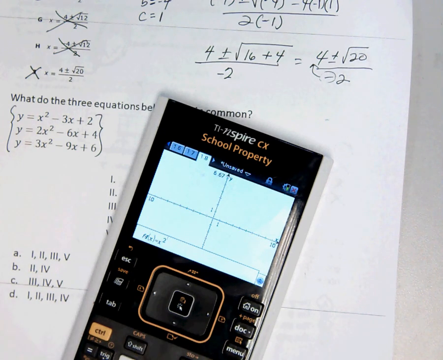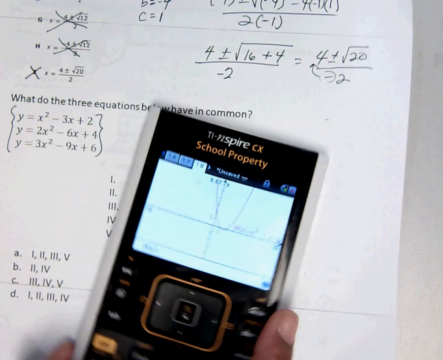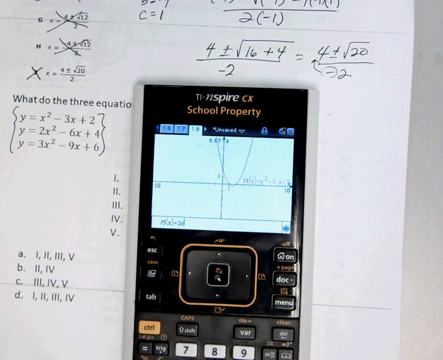X squared minus 3x plus 2. Tab, so I can graph the next one. 2x squared minus 6x plus 4. Tab, 3x squared minus 9x plus 6.